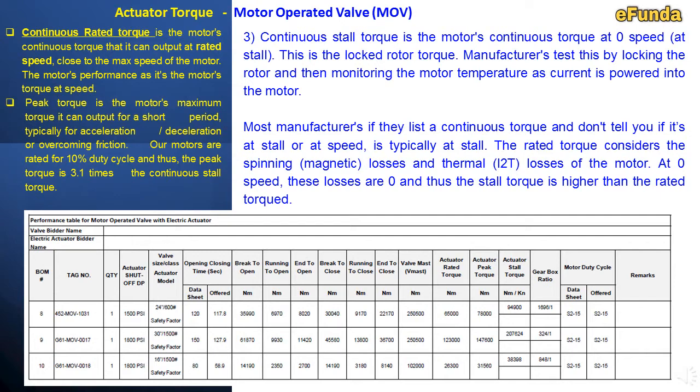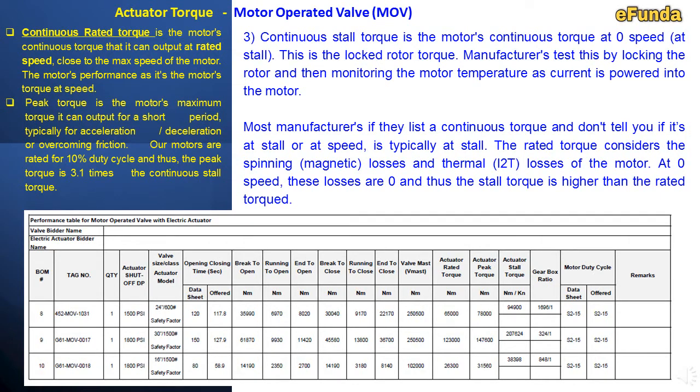Actuator rated torque, actuator peak torque, and actuator stall torque. Just now we have seen the definitions of those. Also, the gearbox ratio is important.